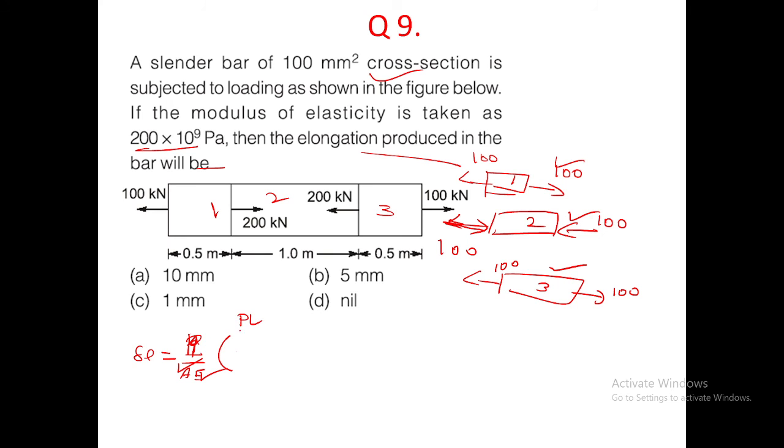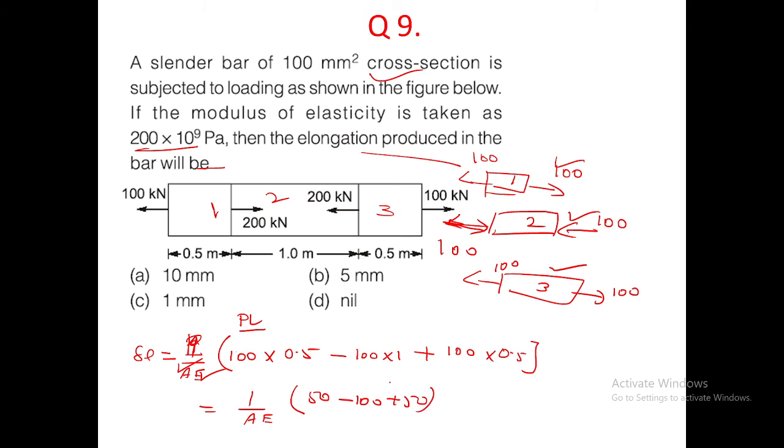So P into L: the first is 100 into 0.5, the second is compressive, 100 into 1, and the third is plus 100 into 0.5. Solving, 50 minus 100 plus 50 is 0. So the value is nil, zero.